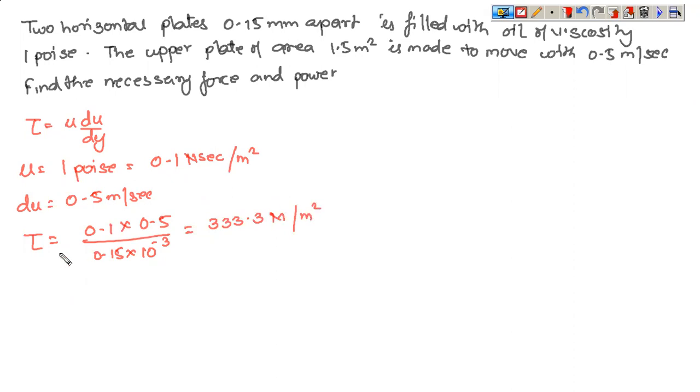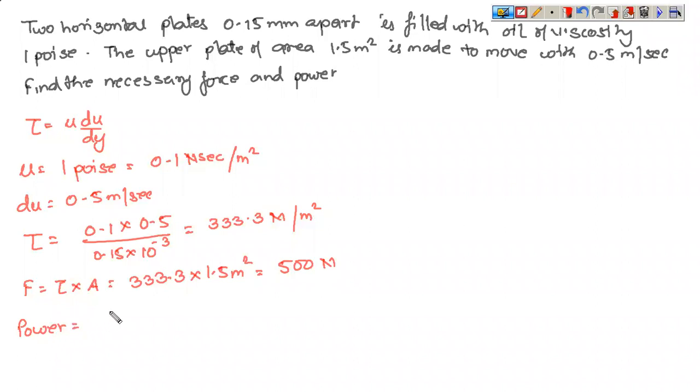So this is the stress produced, but you have to find out the necessary force. So force is equal to tau into area. So you have 333.3 multiplied by area, which is 1.5 meters square. If you multiply this, you have approximately 500 Newton force required. The next one is power.